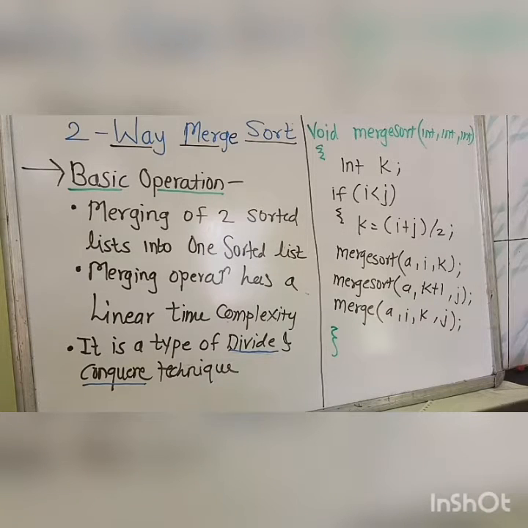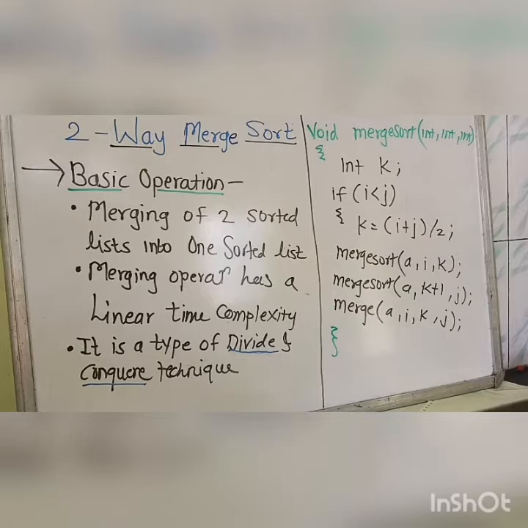Basically, it is a recursive sort, means we will perform all the operations recursively, and it requires big O of n log n time complexity to complete the sorting technique.